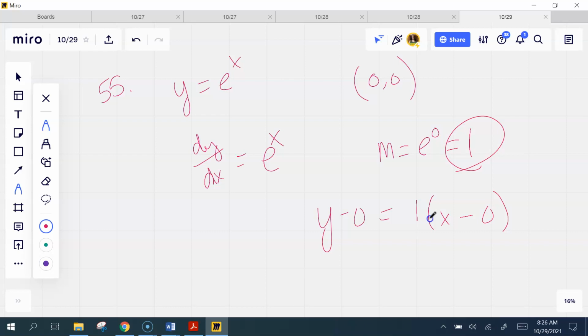Oh, wait. This point is not on this graph. 0, 0 is not on the graph of e to the x. 0, 1 is on the graph of e to the x.